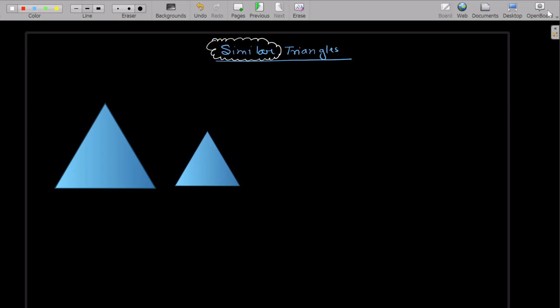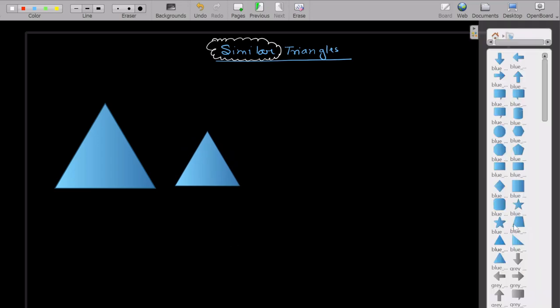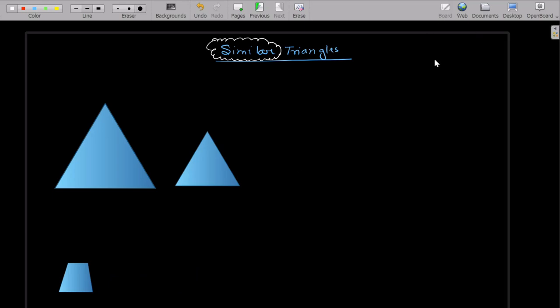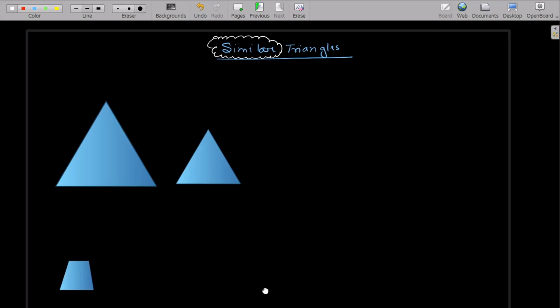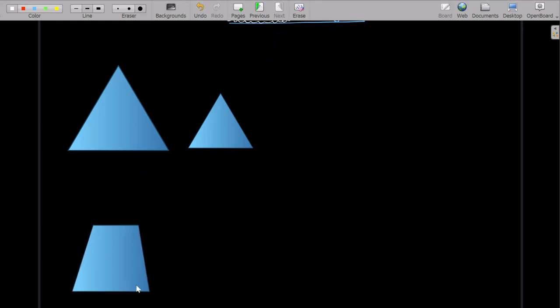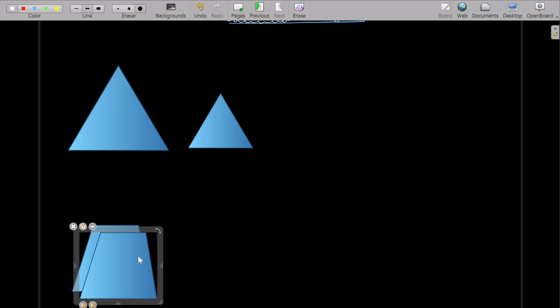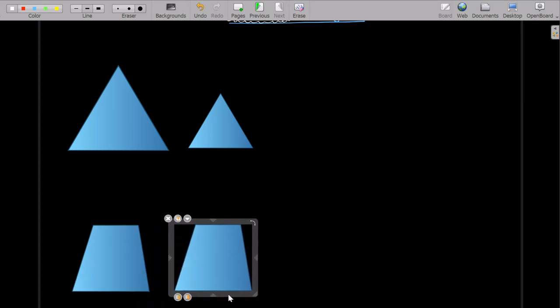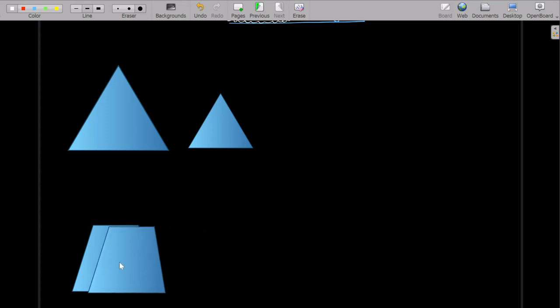Similarly, you could have similar, let's say, trapezoids. So if let's say this is a trapezoid, now first if I copy and paste it, I've got an exact replica of this. So right now these two are congruent because see, I can put it on top of this and it will exactly cover the first trapezoid completely.